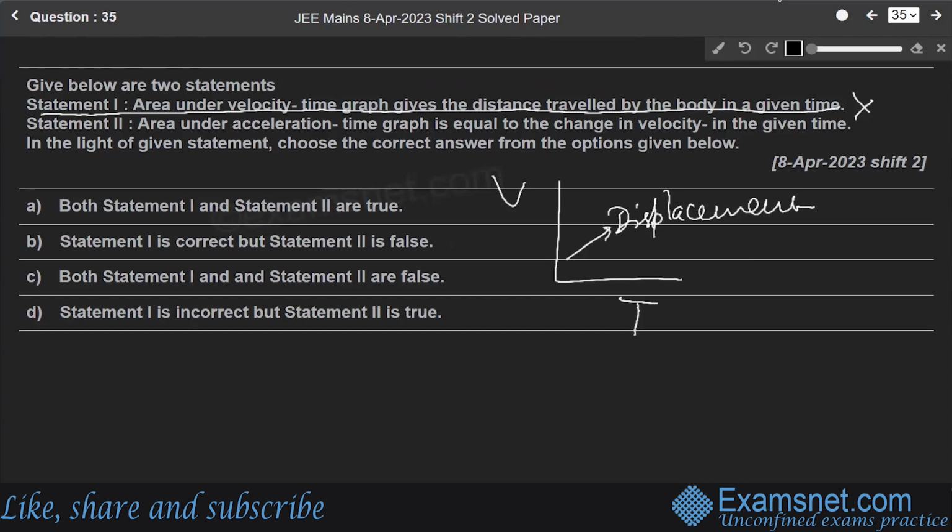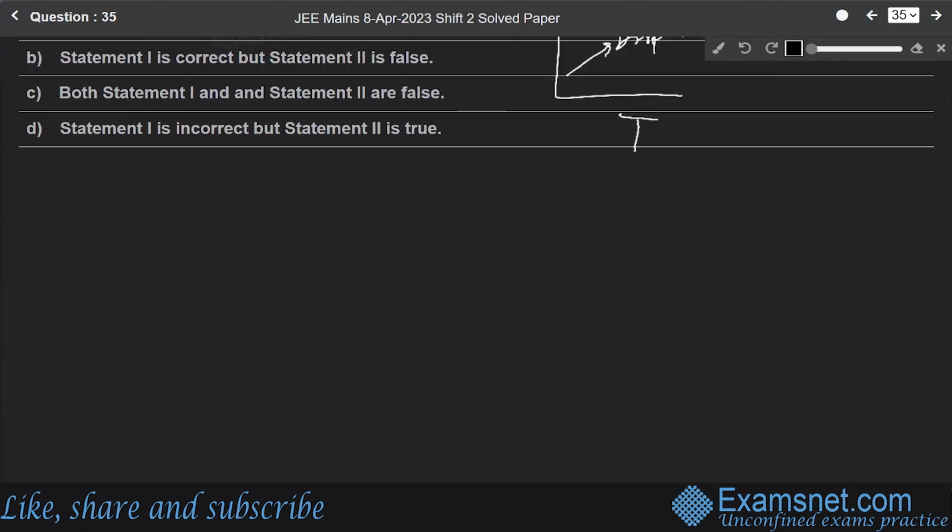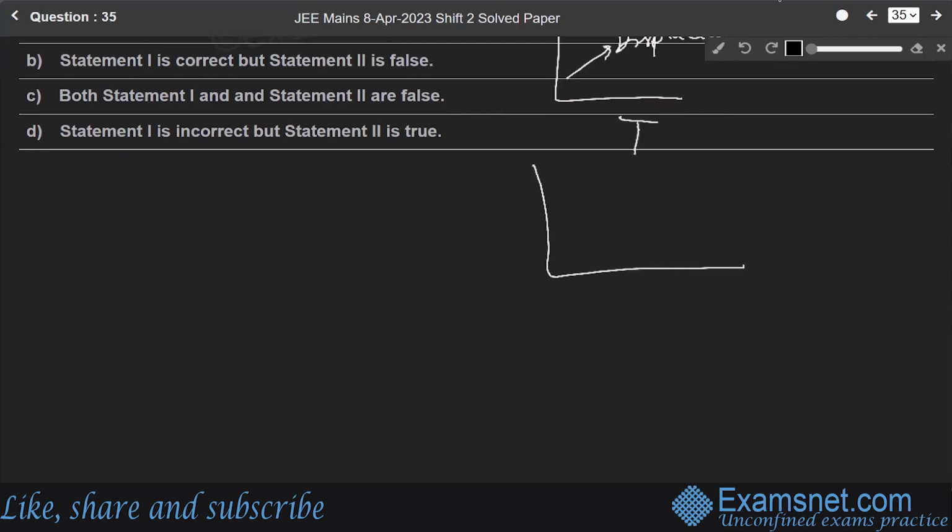Okay. And the second statement is that the area under the acceleration time graph is equal to the change in the velocity. This is true. Why? Let us say this is our graph, this is velocity v1, this is velocity v2.